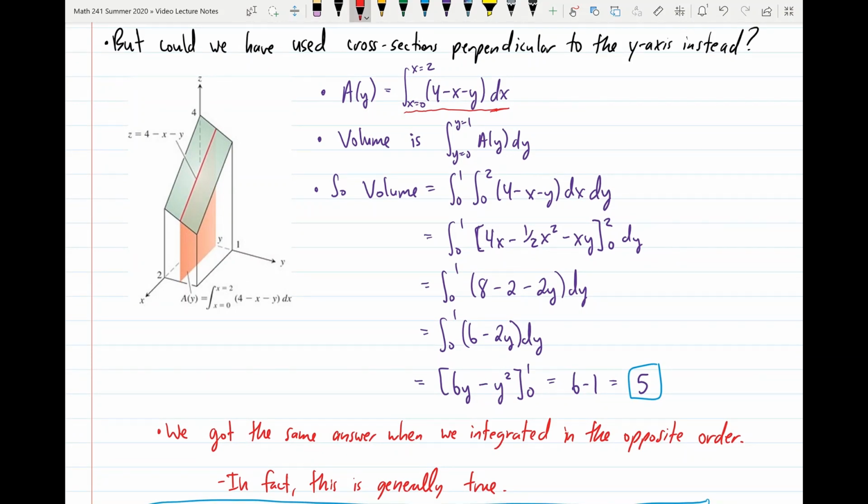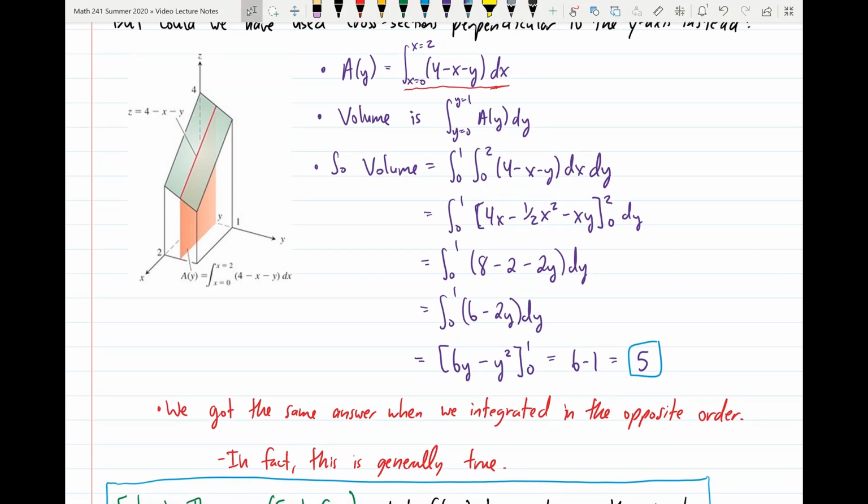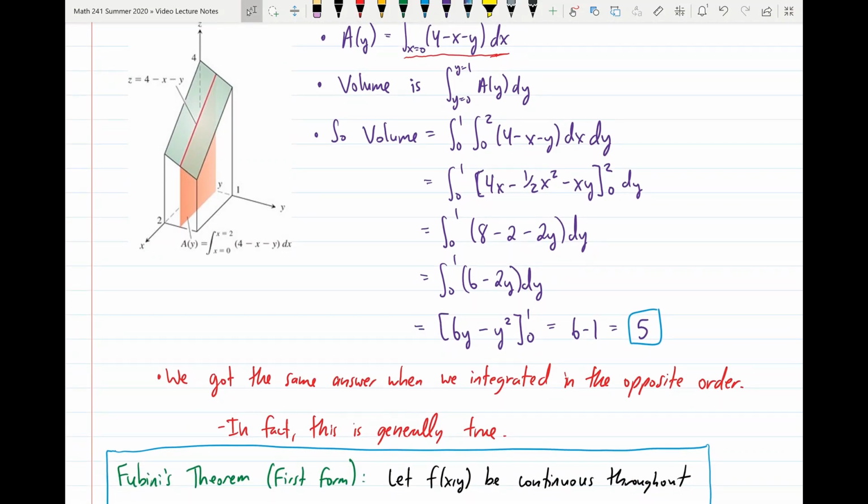And the volume under z equals 4 minus x minus y over the region R will be given by the integral from y equals 0 to y equals 1 of this function giving us the area for different y's with respect to y. And again, doing a little bit of substitution now, the volume will equal the integral from 0 to 1, and then the integral from 0 to 2 of 4 minus x minus y dx dy.